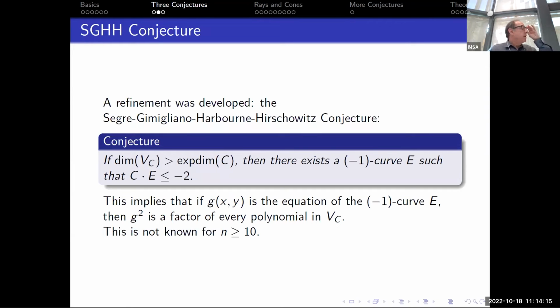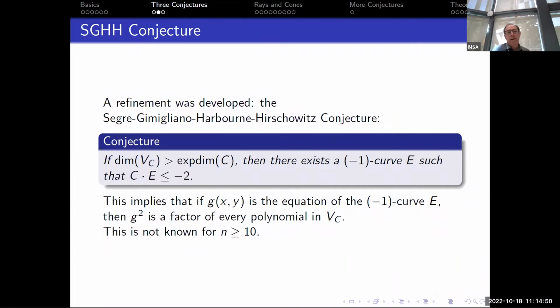A refinement has been developed the last 30, 40 years or so, namely that this example of the -1 curve spoiling the naive conjecture is basically the only thing that can go wrong. Okay, so to be precise, suppose the dimension is bigger than the expected dimension. Okay. Then there's a -1 curve which spoils it.